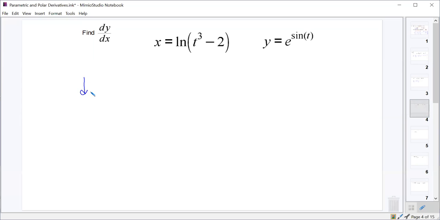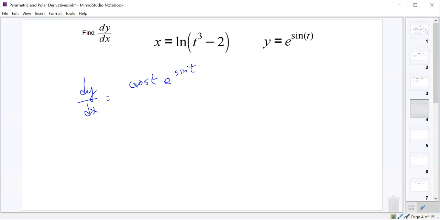What should we get? What's the numerator? The derivative of e to the sine t ought to be e to the sine t times cosine t.